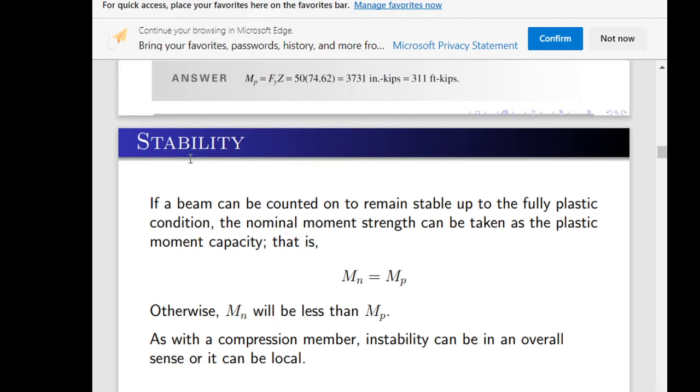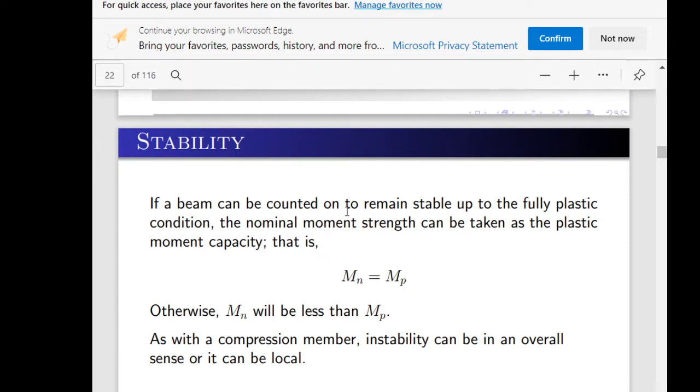So, if the beam or the section is stable, the nominal moment strength can be taken as the plastic moment capacity. It reaches the plastic moment condition if the beam or structure is stable.